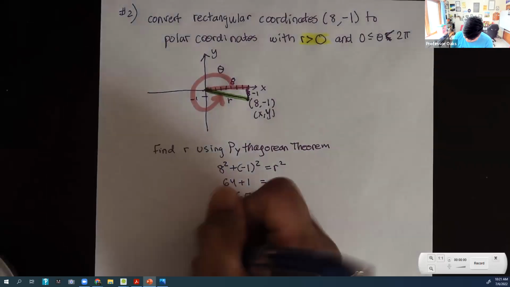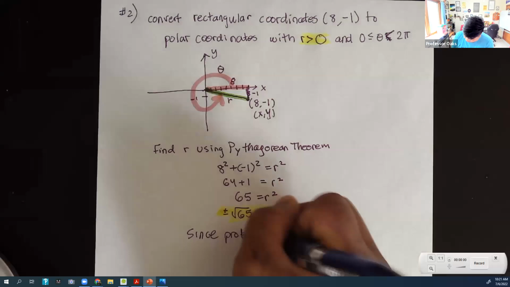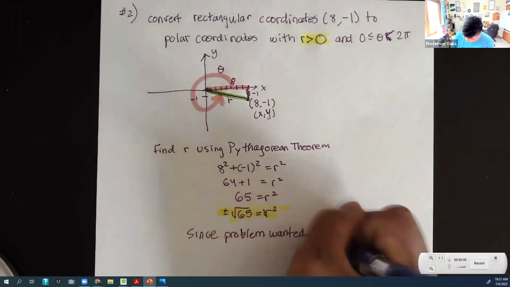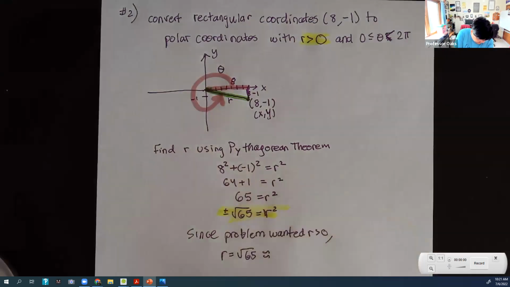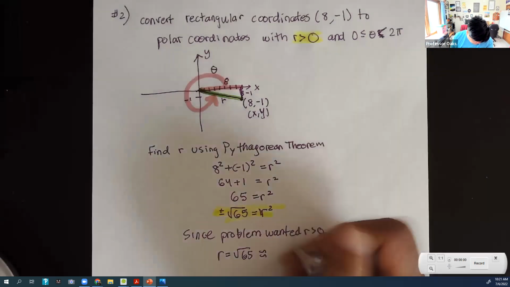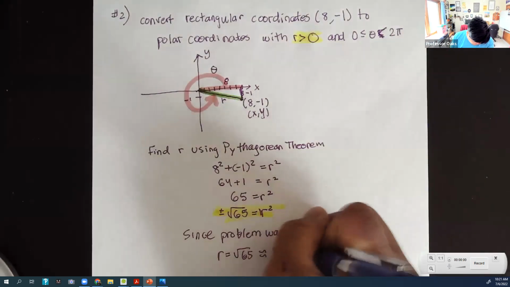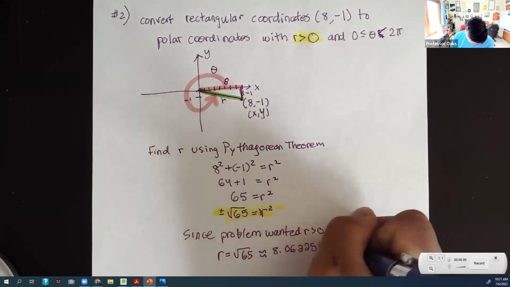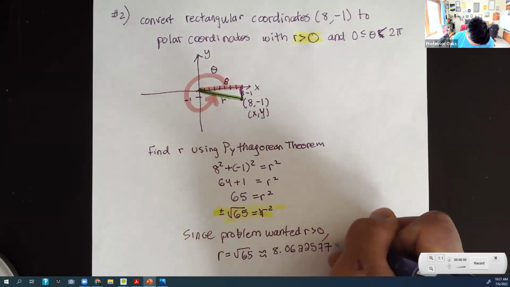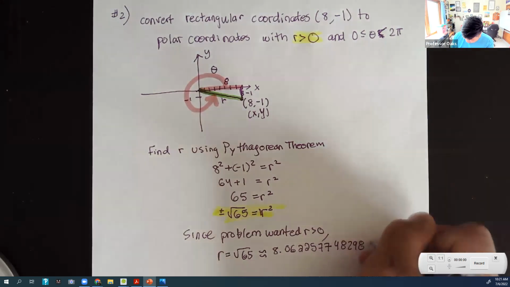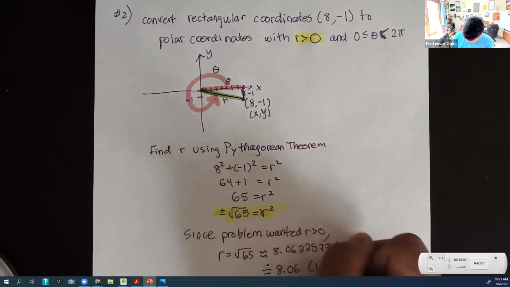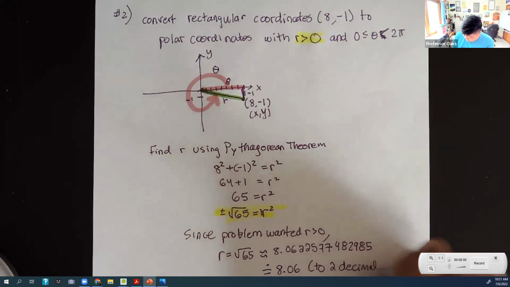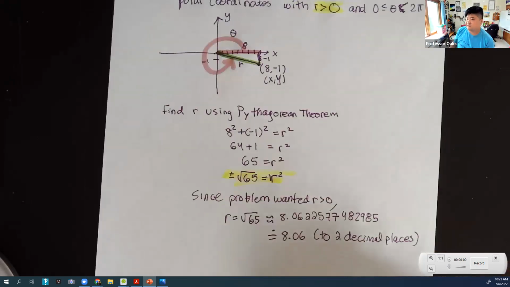So since the problem wanted r greater than 0, r is square root of 65, which is about 8.0622577482985, or to 2 decimal places, 8.06.